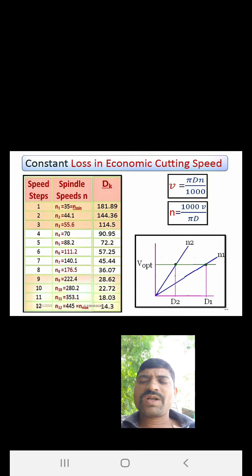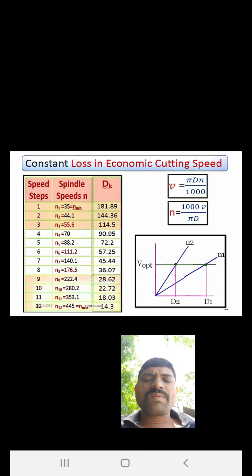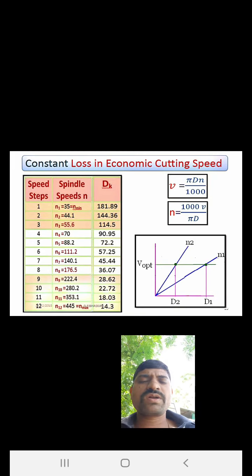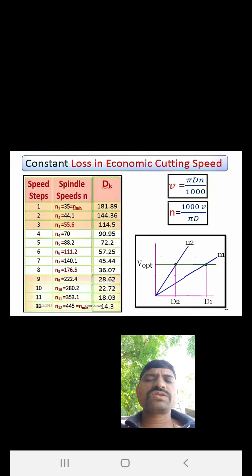D1 is the diameter of the first workpiece, D2 is the diameter of the second workpiece. As per the workpiece, you require a different spindle speed, right. That's why for diameter D1 I have taken the N1 spindle speed, and diameter D2 requires the N2 spindle speed.